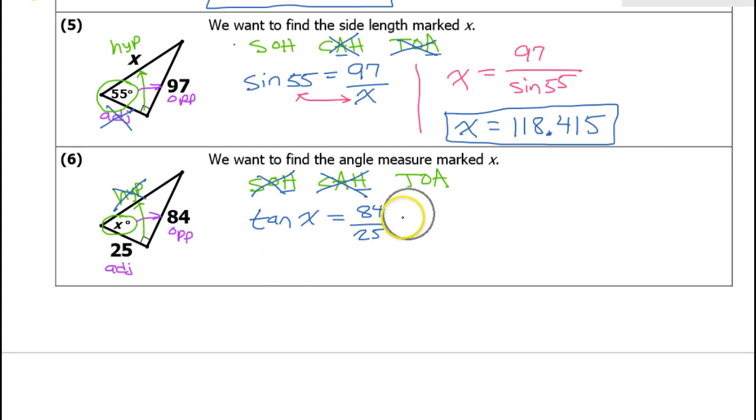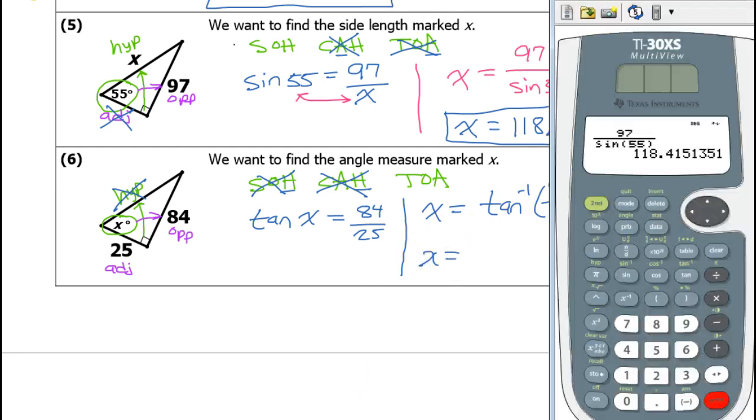Now, when you want to find the angle that's inside the trig function, that's when you do the inverse trig function. So we will say x is equal to the inverse tangent of 84 over 25. And then this is something you can put in your calculator.